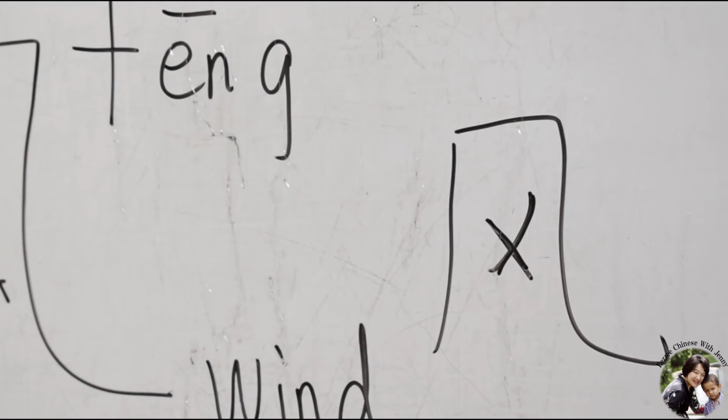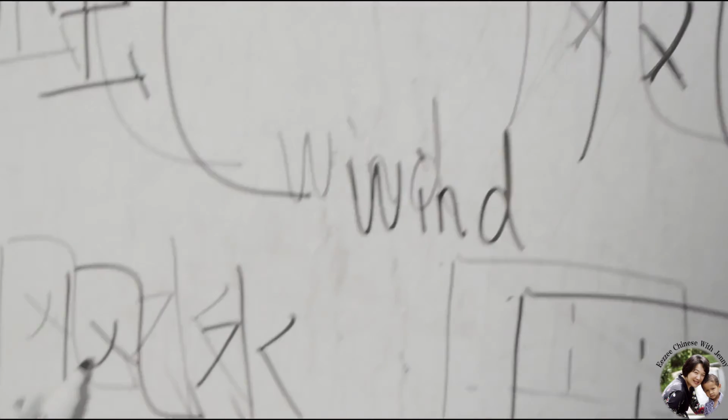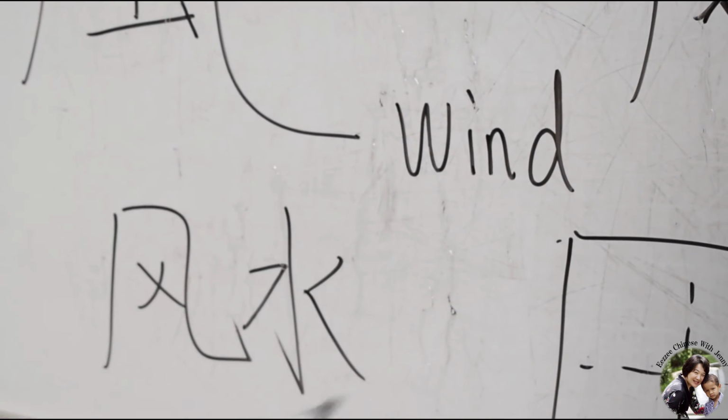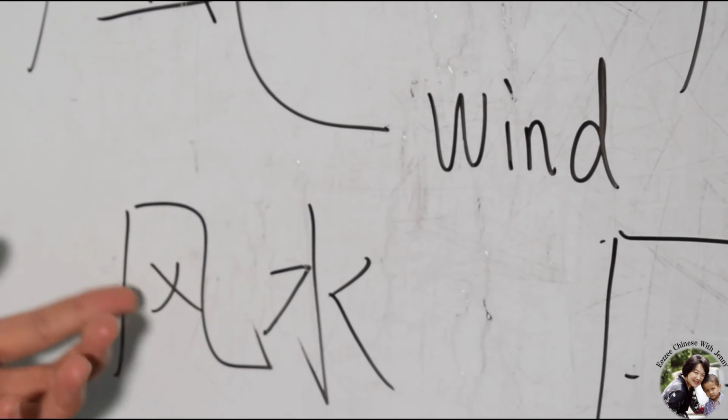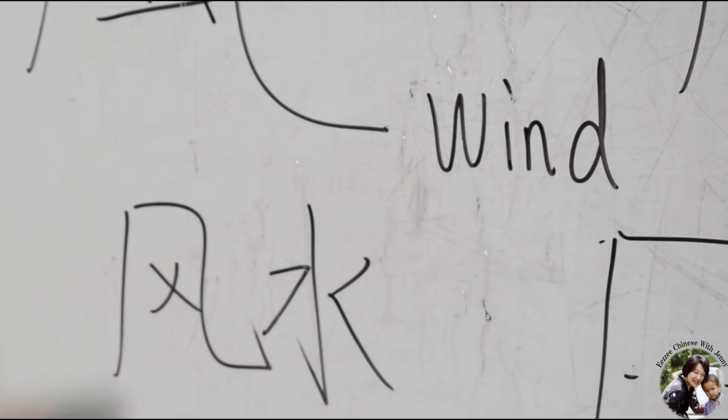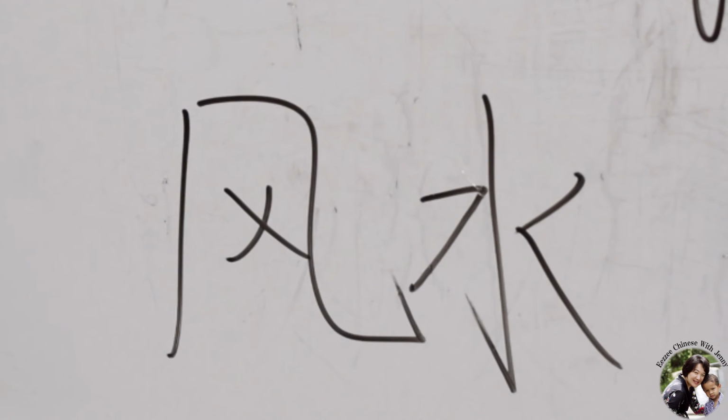I have mentioned this phrase many times: feng shui, together, right? It means the wind and the water, the natural rules about the wind and the water, which is common sense.